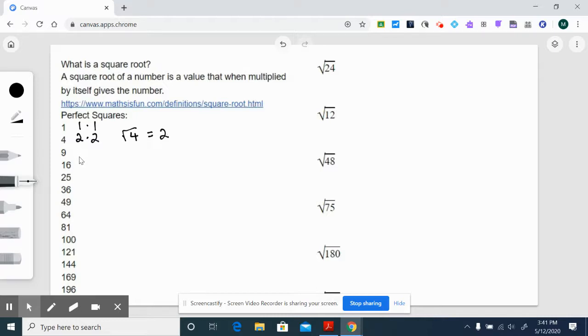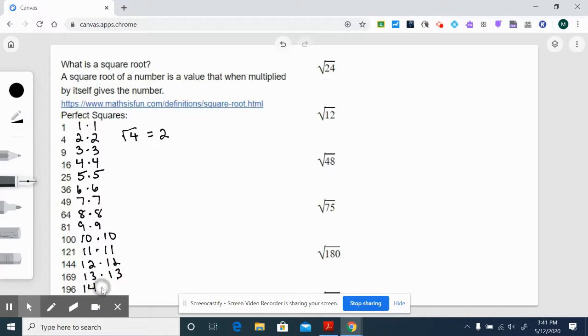To keep going down here, 9 is just 3 times 3. 16 is just 4 times 4. And then 5 times 5. And then we have 36, which is 6 times 6. 7 times 7. 8 times 8. 9 times 9. 10 times 10. 11 times 11. 12 times 12. 13 times 13.